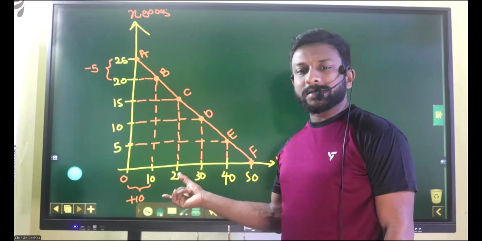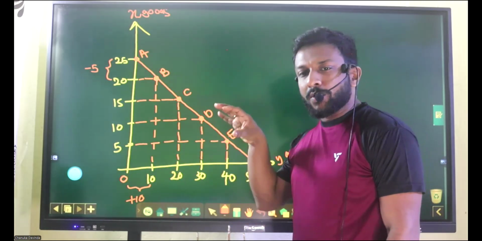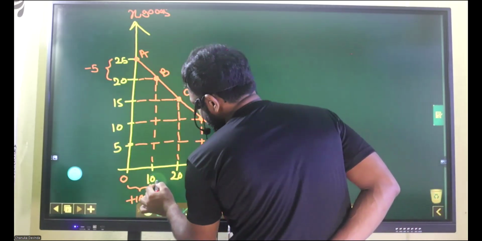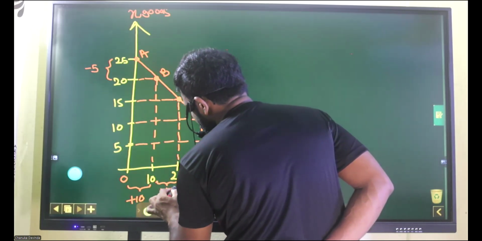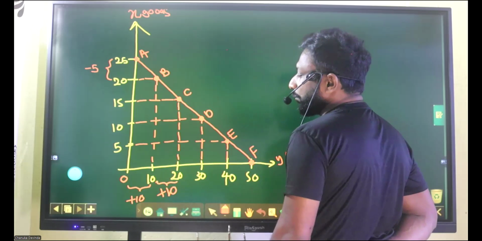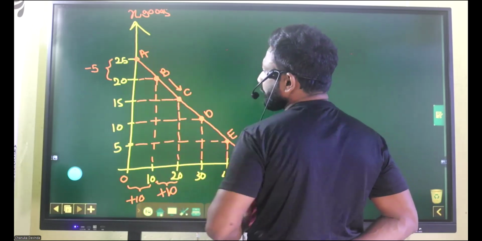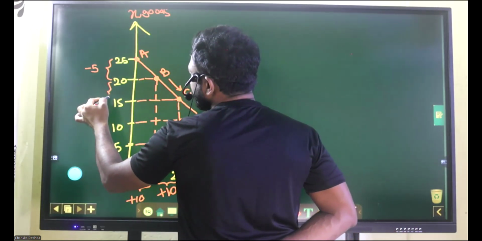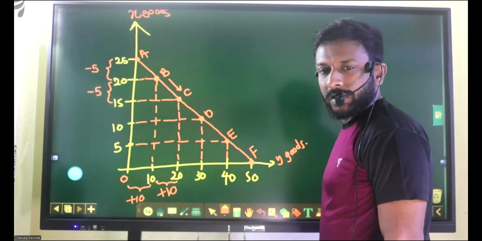For 10 units of Y goods, we always have to sacrifice 5 units of X good. Again, Y goods production was increased by 10 units, 10 to 20, that means B to C. Here, again, X goods production is reduced by 5 more units, right?